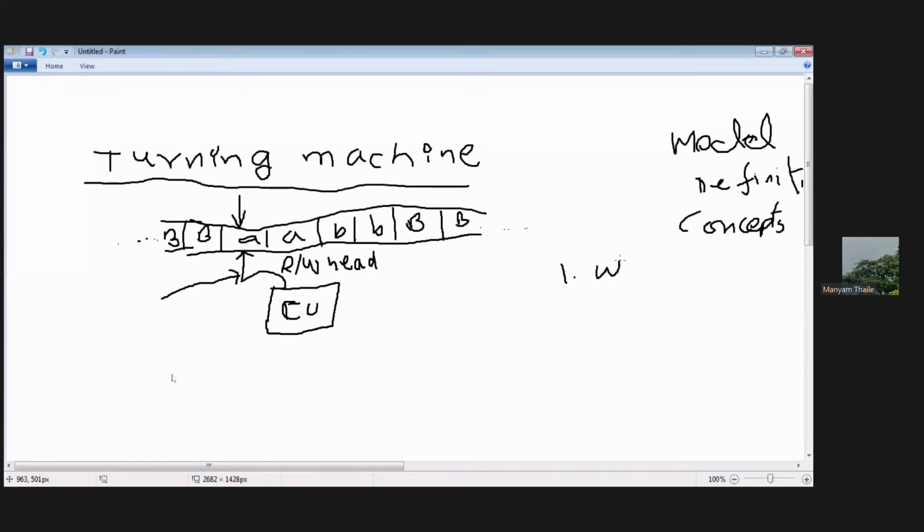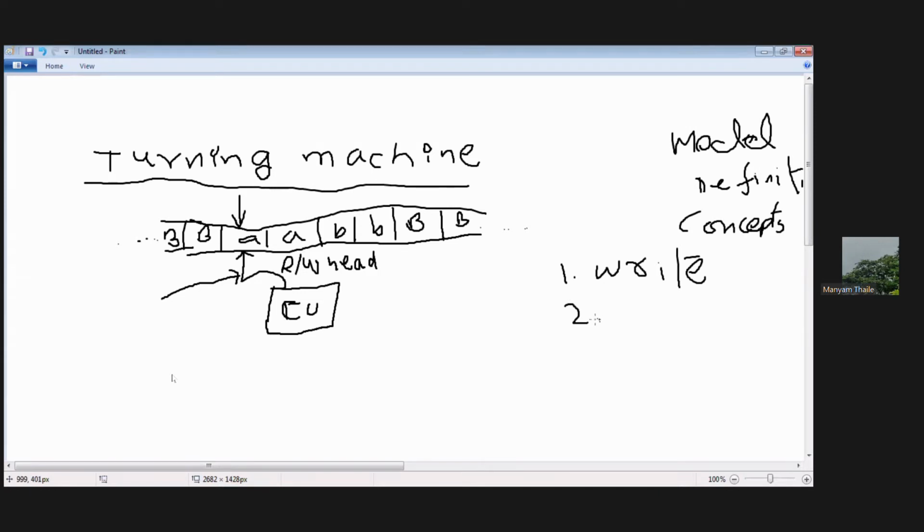So the first observation is that the pointer can write some symbol. The next observation is that this read write head scans from left to right and right to left. But in the finite state machine and pushdown automata, it is only one direction.